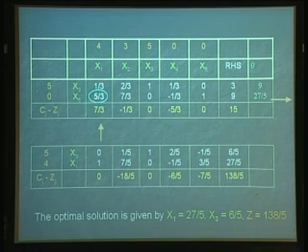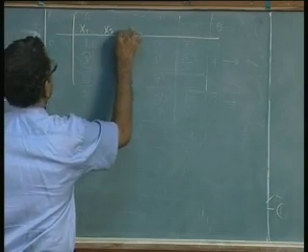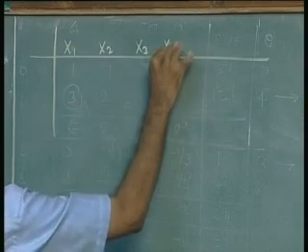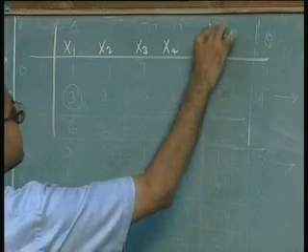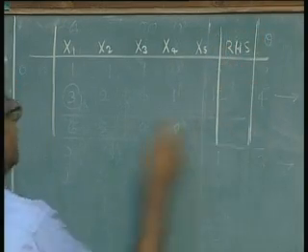We assume now that we have this optimum simplex table, and we just write down only the optimum simplex table here. So, we would have x1, x2, x3, x4, x5, right hand side values.